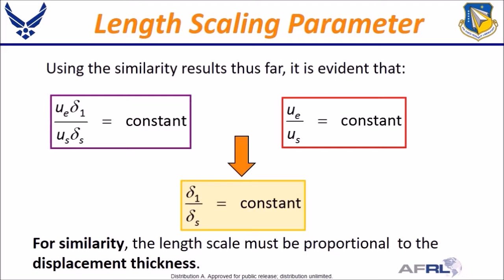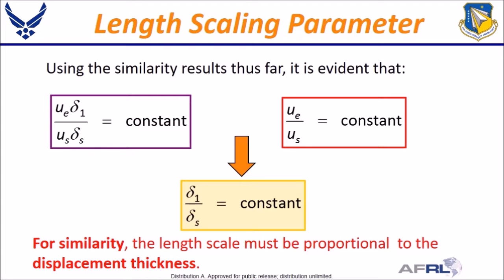In the more than 100 years of work on boundary layers, this is the first time that the length scale has been determined to be the well-known displacement thickness. If similarity is present in a set of velocity profiles, the length scaling parameter must be the displacement thickness, and the velocity scaling parameter must be the velocity at the boundary layer edge.